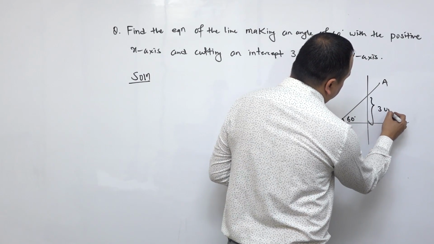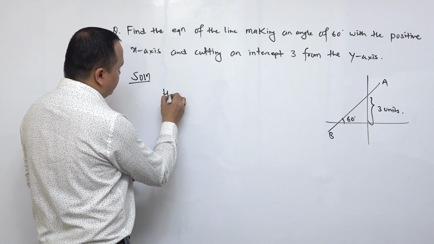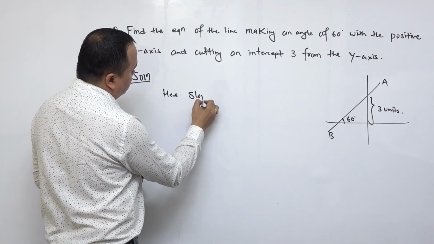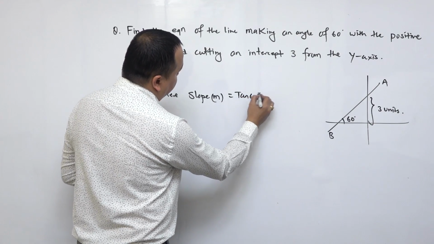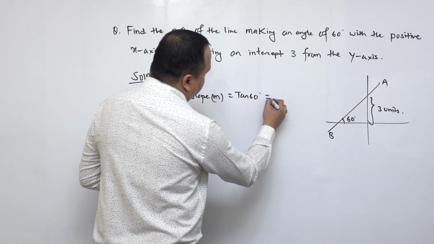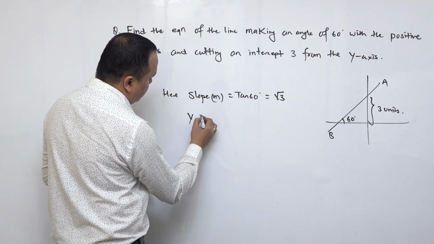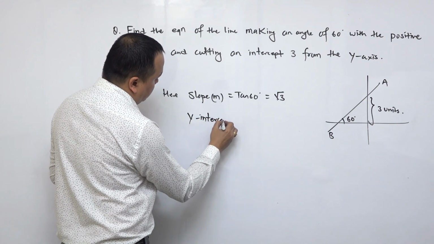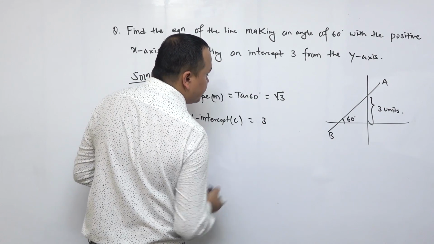This is 3 unit. Here slope m is equal to tan 60. Value of tan 60 is root 3. The y-intercept c is equal to 3 units.